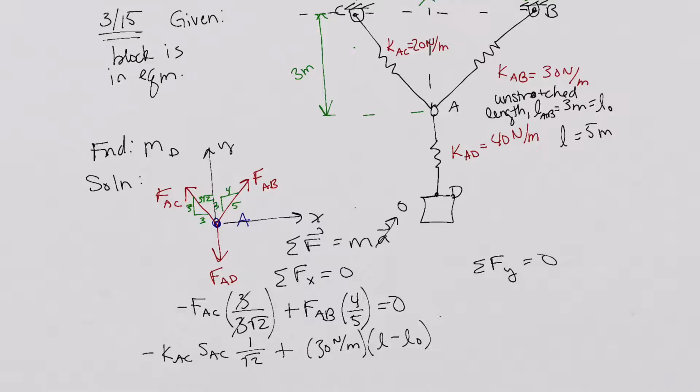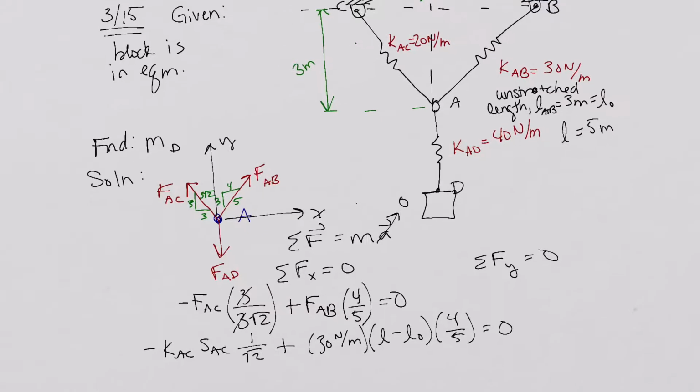So that times 4 over 5 equals 0. So now K of AC we do know, negative 20 newtons per meter, times SAC, which is that change in length, times 1 over square root of 2, plus 30 newtons per meter, times the length 5 minus the original length 3, that's meters, times 4 over 5, that equals 0.